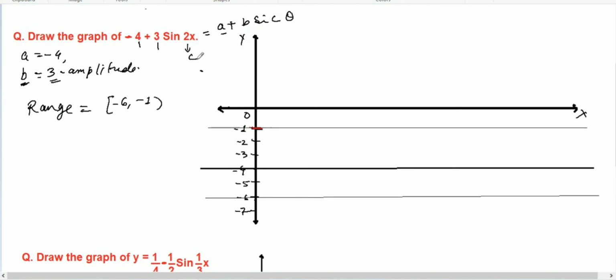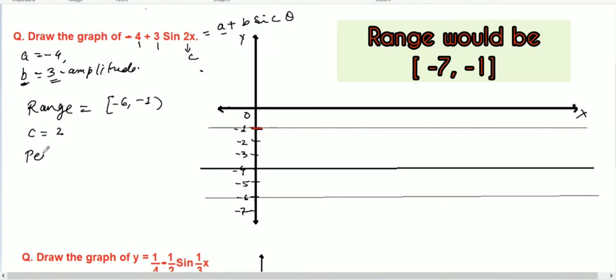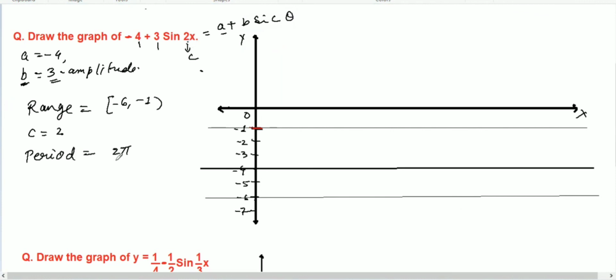This is your c. So c is given here as 2, but we know that the period of the sine graph is always 2 pi, and c will affect the period. So 2 pi over 2, the 2s cancel, so now the period is only pi. As there is no domain given here, we have the midway line here.